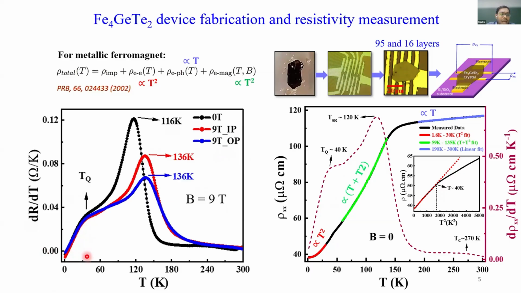We can see that up to around 40 Kelvin, there is almost insensitive behavior with the magnetic field, which corresponds to the electron-electron scattering mechanism in this low temperature part, which gives the Fermi liquid behavior. But in the intermediate temperature range, we can see a strong magnetic field dependence, which corresponds to electron-magnon as the dominant scattering mechanism. And then the T term is the electron-phonon scattering mechanism.